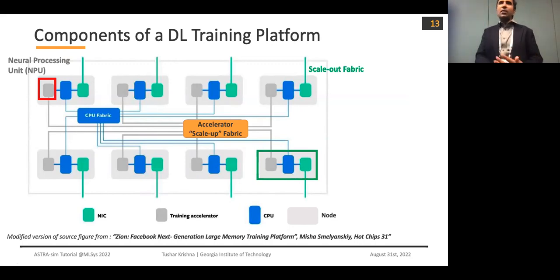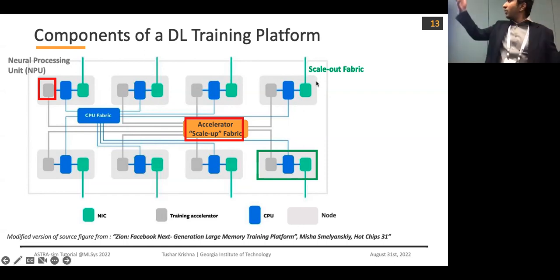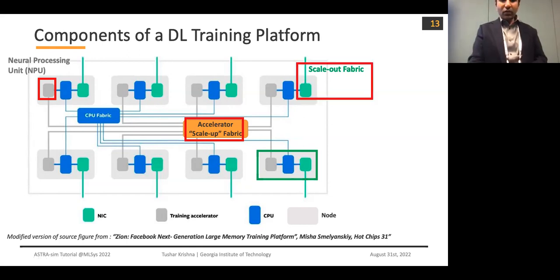This could be GPUs, this could be TPUs, these could be whatever customized accelerators you have. So you have these NPUs. There is a fabric connecting all these NPUs together. This is what we're going to call a scale-up fabric. And there is a scale-out fabric, which is connected via the NIC to scale across many racks and nodes.